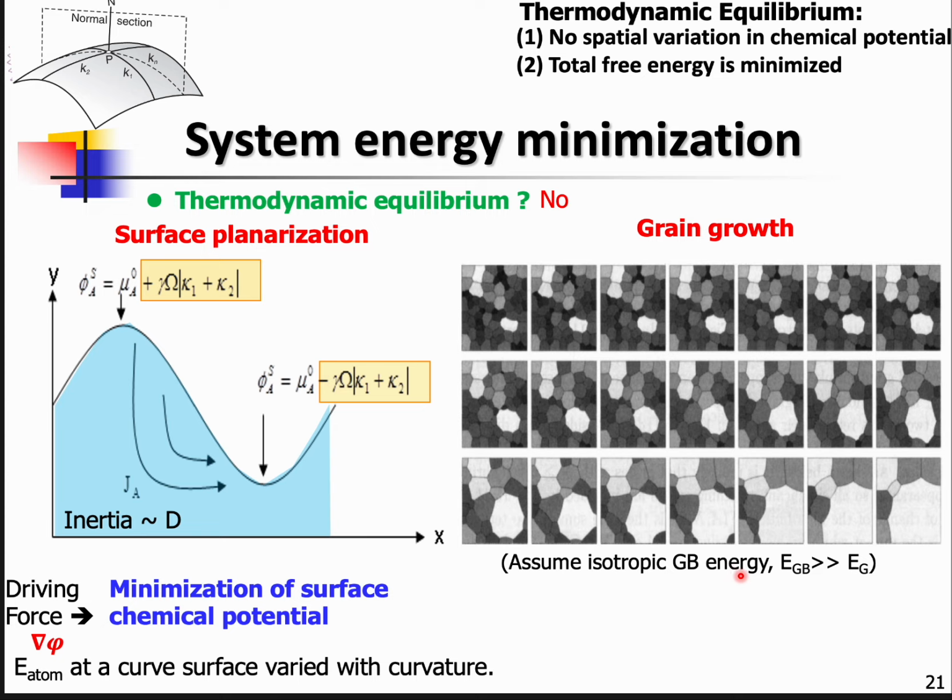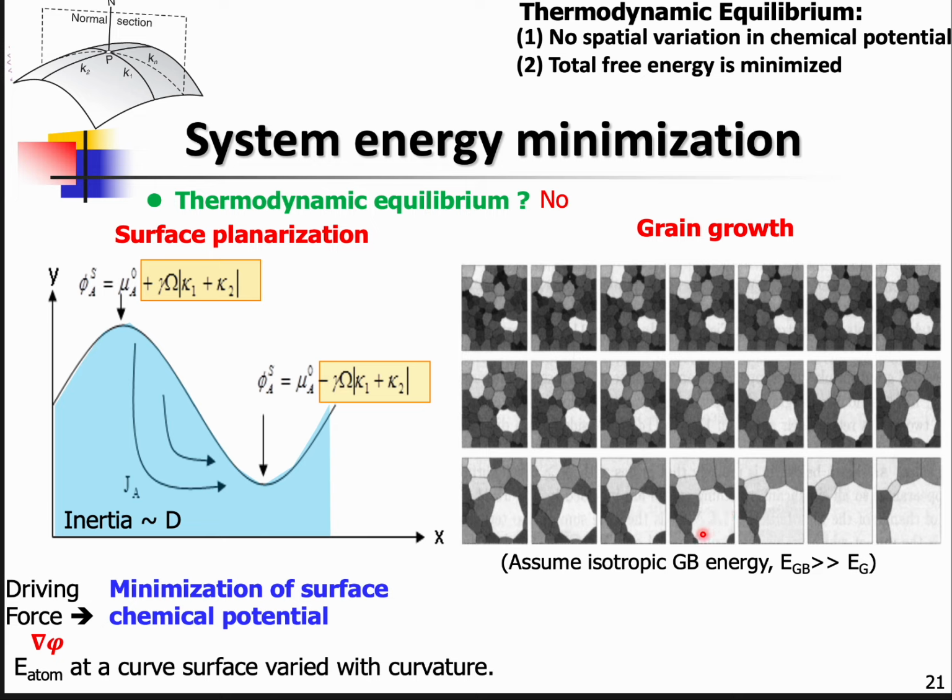So next, if you pay attention to this polycrystalline material, you have a grain and a grain boundary, right? From the energy point of view, if I have an atom A at the grain boundary, its energy is definitely higher than that in the grain.